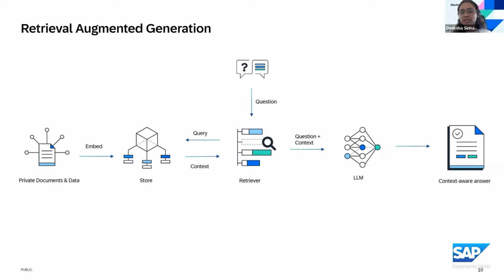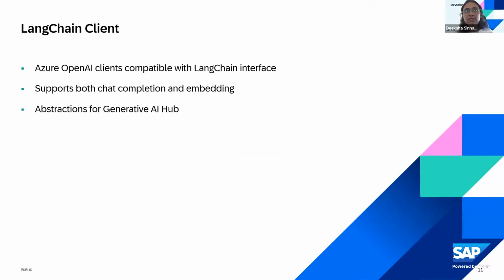Then it sends the original question that you asked, enriched with this appropriate context or more up-to-date information, together to the LLM. Now the LLM is able to reason over this data and give you a more accurate answer that is context aware and more useful for the user, rather than just accessing a foundation model client, which might not be aware of this data. So this is mainly the retrieval augmented generation process.